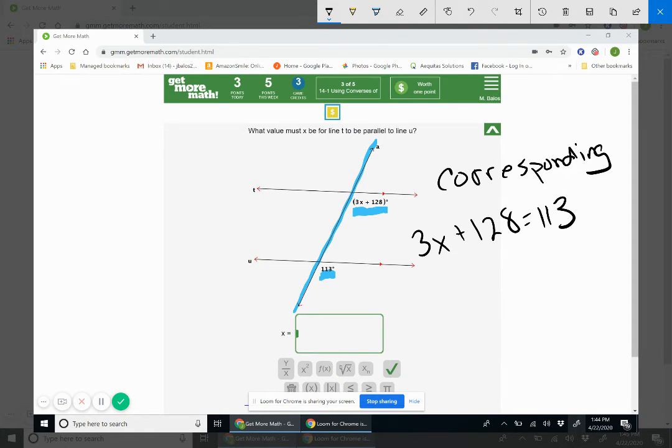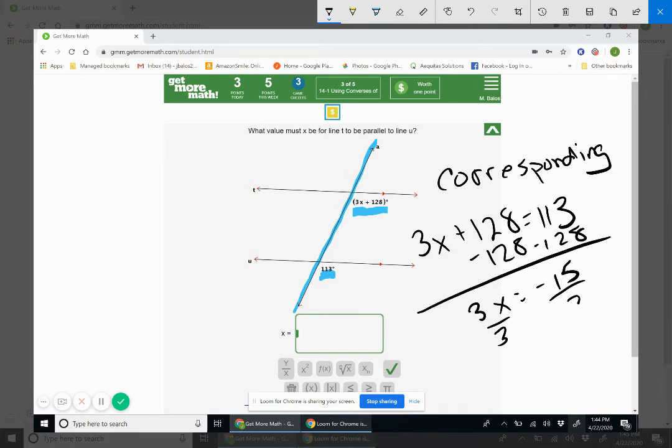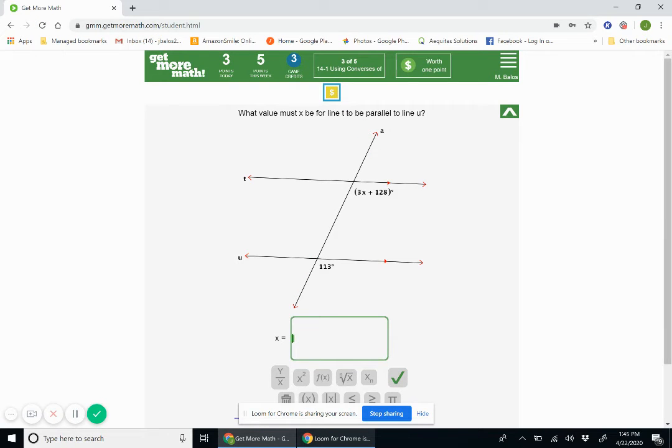We're going to do minus 128 on both sides. 113 minus 128 is negative 15. So we have 3x equals negative 15. Divide by 3. X equals negative 5. So that's our answer. X equals negative 5.